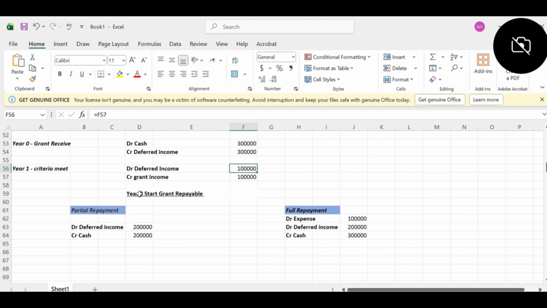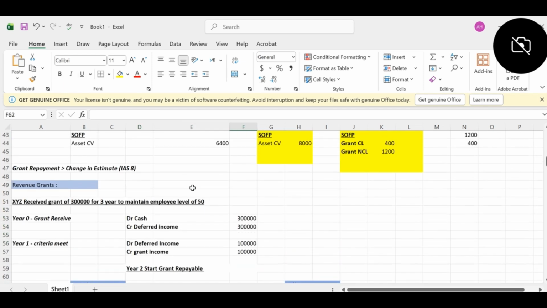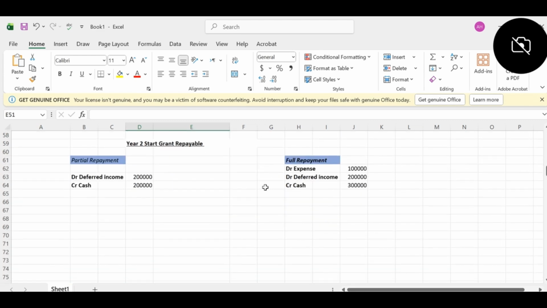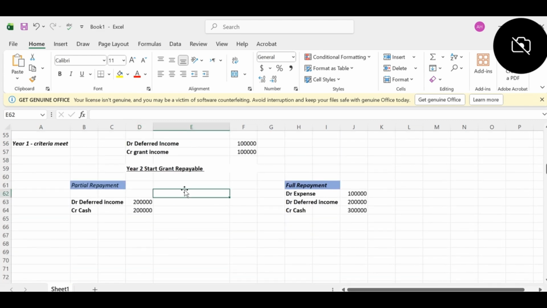So in year 2, the grant is repayable. Why is the grant repayable? Because the employee level reduced from 50. So now the condition is not fulfilled in year 2, and the grant became repayable. In a repayment, we have two cases: full repayment and partial repayment.